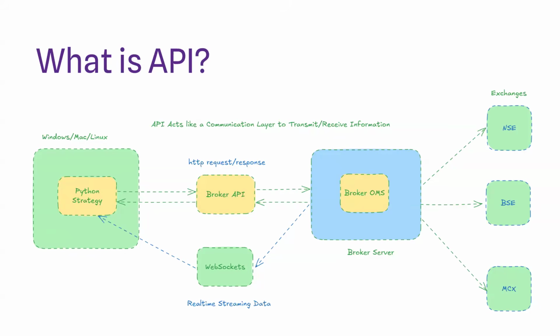So the API is like a route, like mobile-based or web application-based trading. Most brokers these days offer a trading terminal. Instead of transmitting those orders manually, we route them through the API. So the API is a communication layer, we can say.